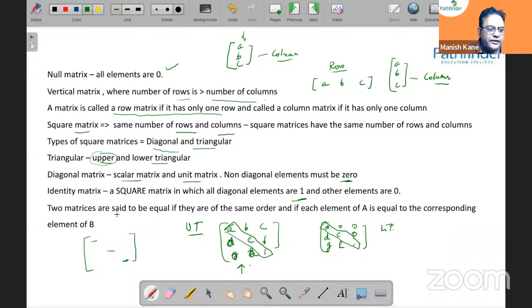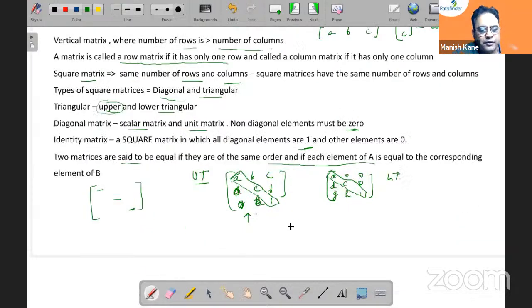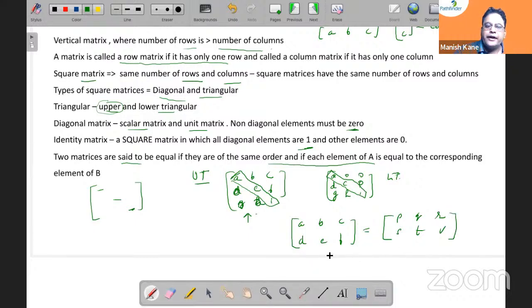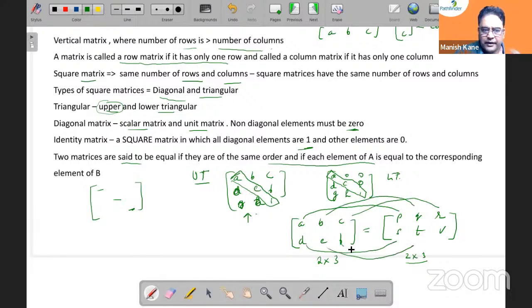Remember, two matrices are said to be equal if they are of the same order and each element of A is equal to each element of B. So if I have two matrices A, B, C, D, E, F equal to P, Q, R, S, T, V, these two matrices are equal if they have the same order, which in this case they do, and the corresponding elements are also equal.